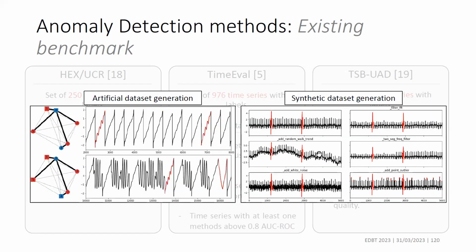Then we also propose some methods to generate artificial and synthetic data. These are to create reliable labels and train the model on this kind of unlimited data. One way is to use the UCR archive for classification, and you concatenate patterns of different classes to generate anomalies.